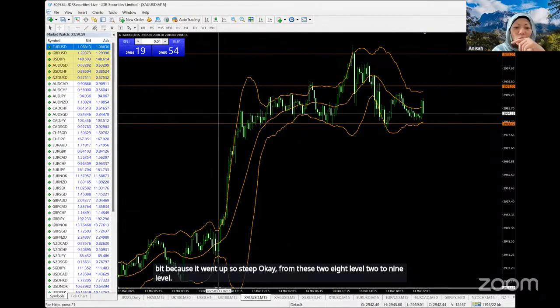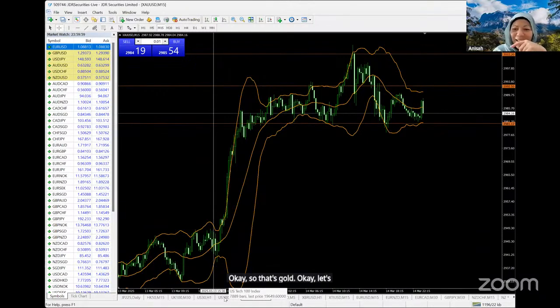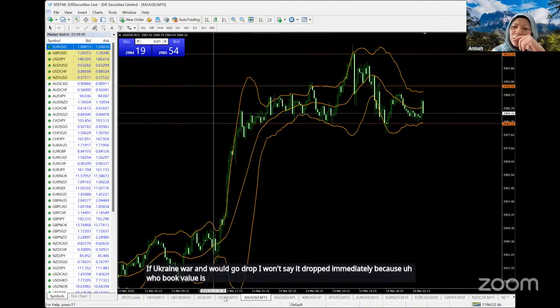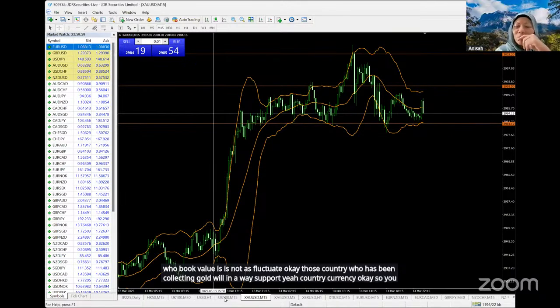Okay, so that's gold. Let's move a little bit into index. If the Ukraine war ends, would gold drop? I won't say it drops immediately, because gold's value does not fluctuate as much. Countries that have been collecting gold will in a way support their currencies, so their currencies won't be affected immediately.